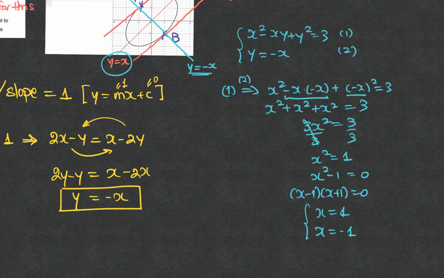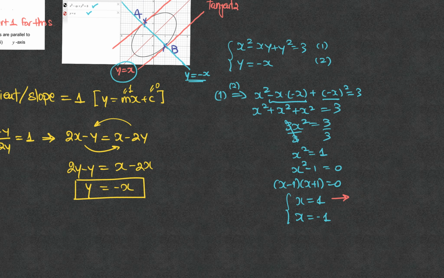So what do I get? For x equal to 1, bringing it back into 2, y is -1, so the point is (1, -1), and that's the point B that I saw on my graph.